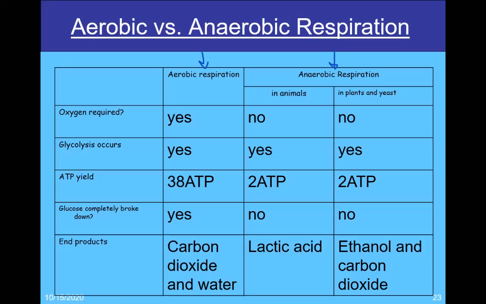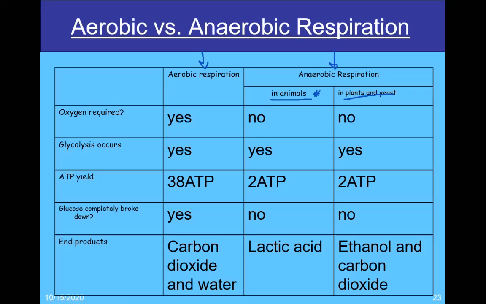Now, the reason there are 2 parts is the process of anaerobic respiration is different depending on if you're a plant or a yeast or if you're an animal. So hopefully you recognize that this is the one that you perform. Okay, but this is aerobic respiration. It happens in both plants and animals.